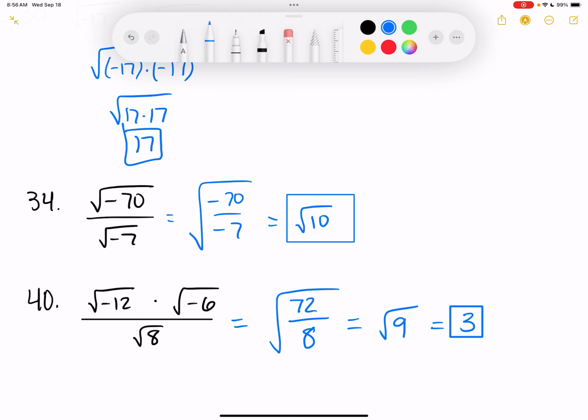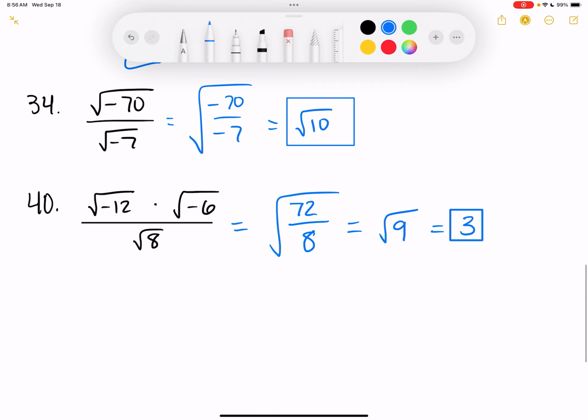Write each number in standard form. So now they give us negative 9 minus the square root of negative 18 over 3. So now both things are not under the radical, so I can't combine the stuff on top, but I can pull things out and simplify it down as much as possible.